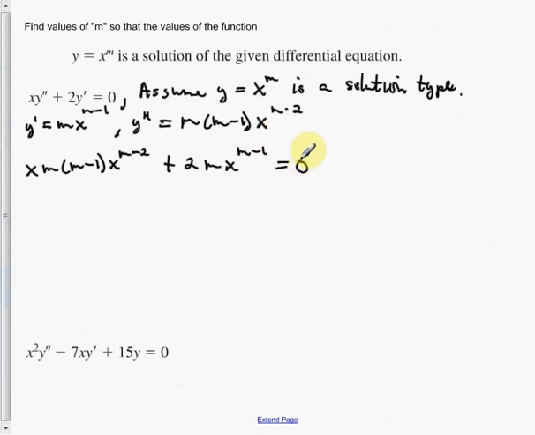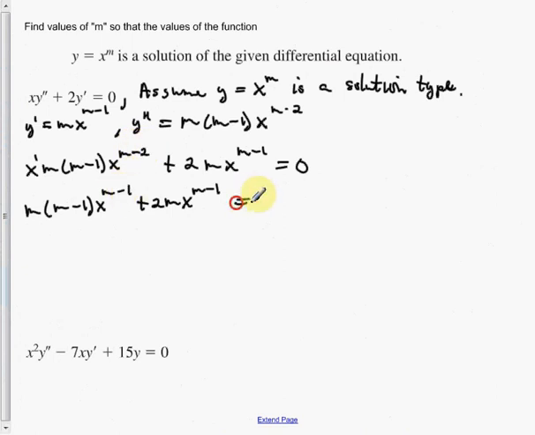We simplify that. So this is m times m minus 1 times x to the m minus 1, plus 2 times m times x to the m minus 1, right? This is x to the first power times x to the m minus 2, which becomes x to the m minus 1.